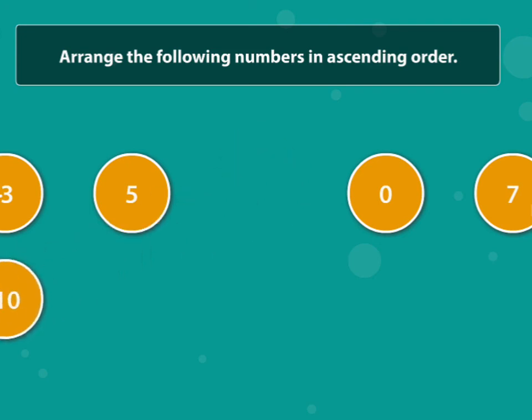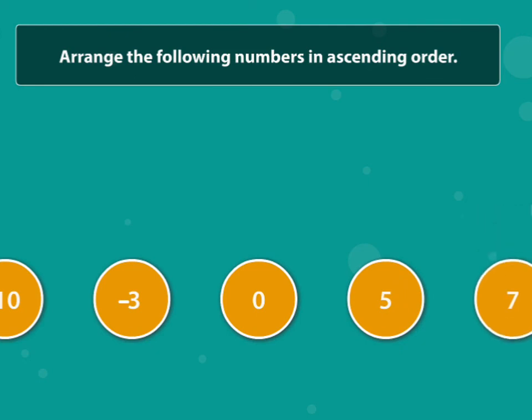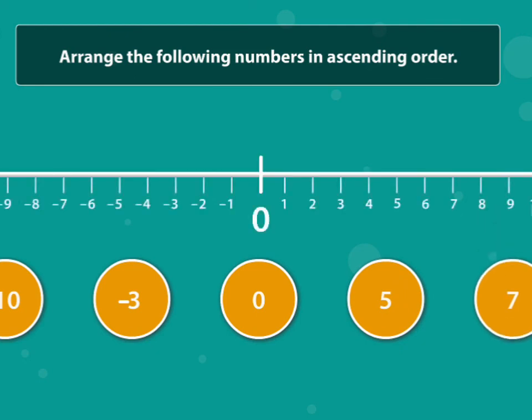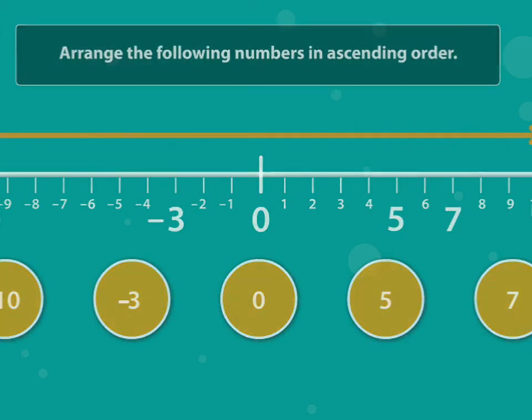The number greater than negative 10 in the given numbers is negative 3. So it is the second number in order. Then comes 0, 5 and 7. You can verify your answer by marking these numbers on a number line. They must lie in the same order from left to right on the number line as found above.